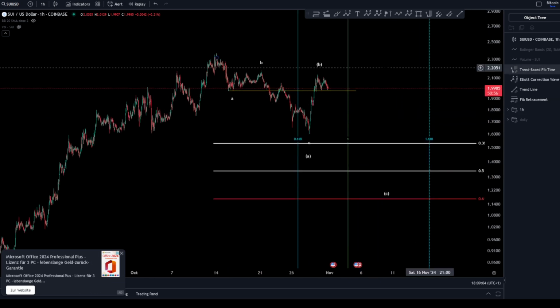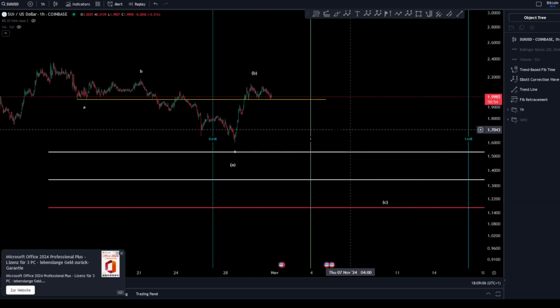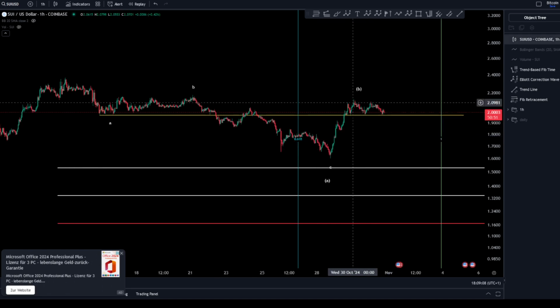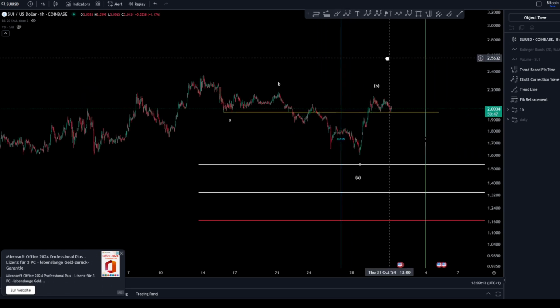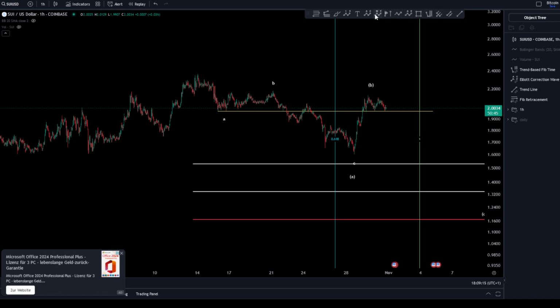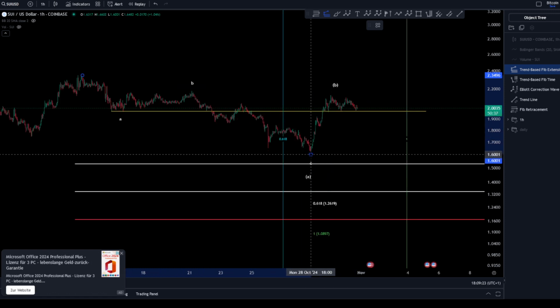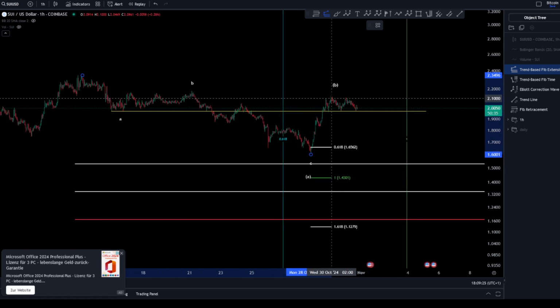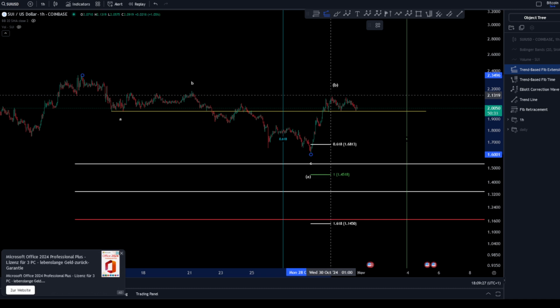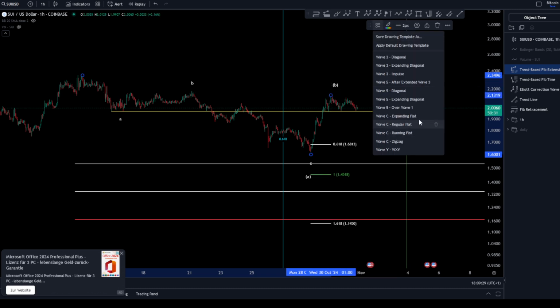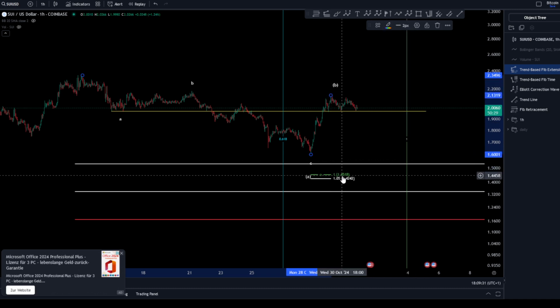Now, since we are in 3 waves down, and obviously this is a zigzag, we are looking, of course, for a regular flat here. And your target for a regular flat is exactly the 1-to-1 or 1.05. So if we take this fib here, okay, a regular flat wave C, here we go.